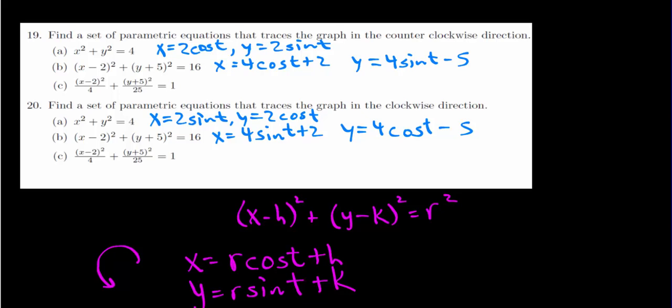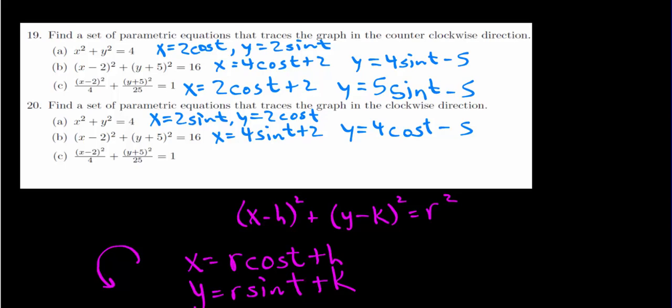That's it. Okay, now for the ellipse, here we've got x is equal to 2 cosine t plus 2, and y is equal to 5 sine t minus 5. Yeah, like that.